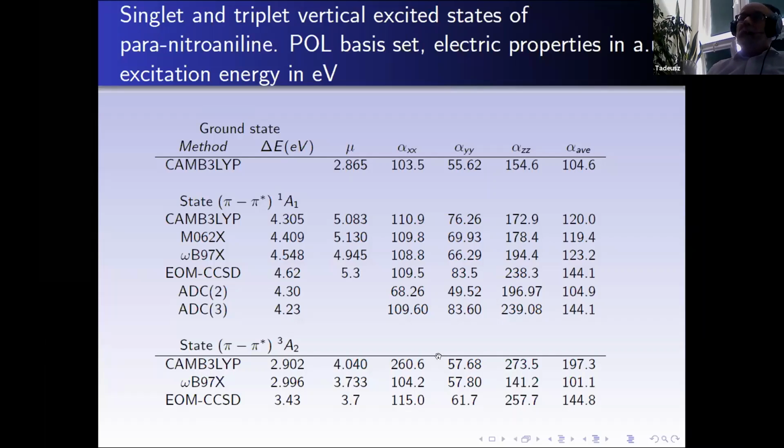So we can conclude that for valence excitations, our combined time-dependent DFT and finite field methods work well, but for systems dominated by charge transfer, one should be cautious because we can have a problem.